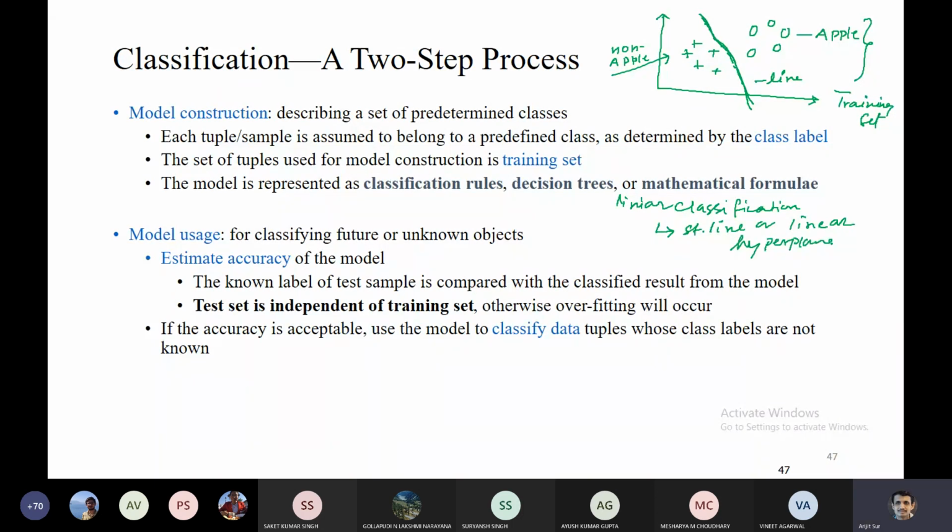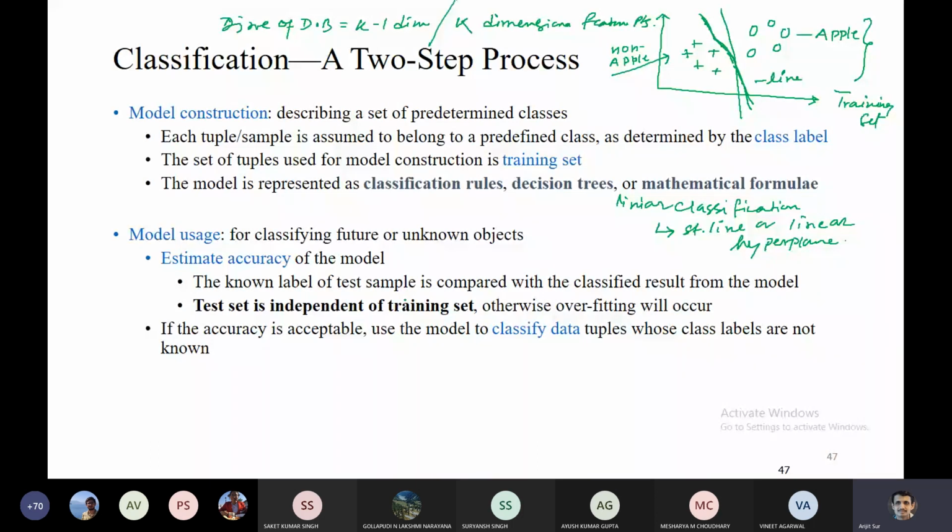In general, if there are k-dimensional feature points, the dimension of the decision boundary is k minus 1. For a two-dimensional feature space, the separator is single-dimensional. It's a line, and that's the same thing.